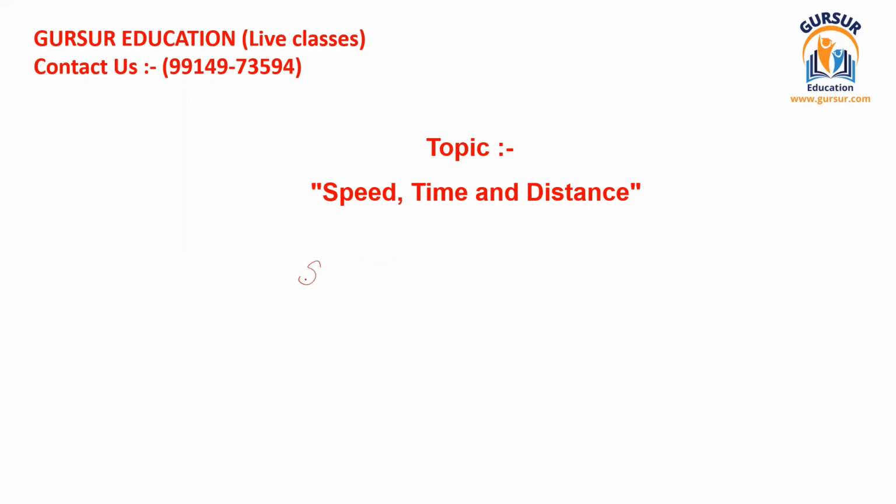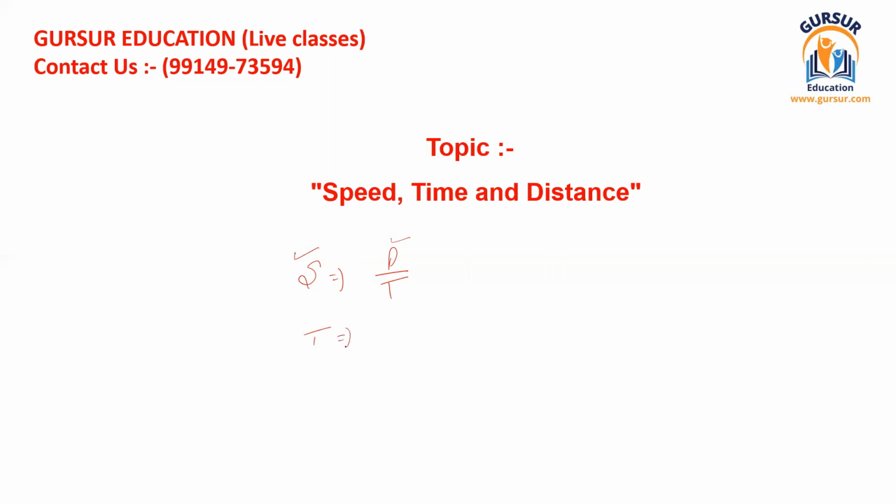So basically, I have taught you that speed is equal to distance divided by time. I'm not going to explain this formula extensively because we have already understood it, and I believe that you have gone through that video lecture. Only then can you expect this particular lecture to be understood. So speed is distance divided by time.